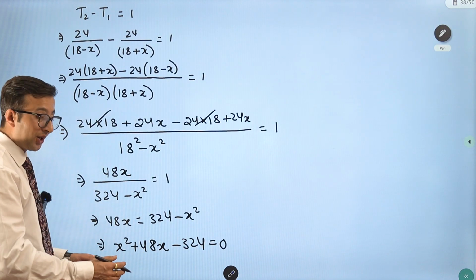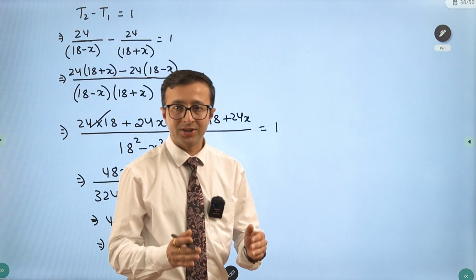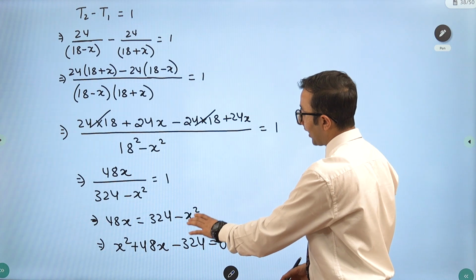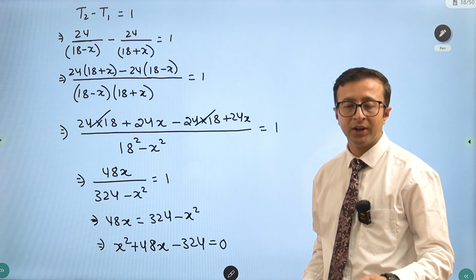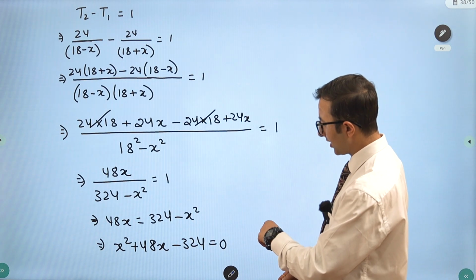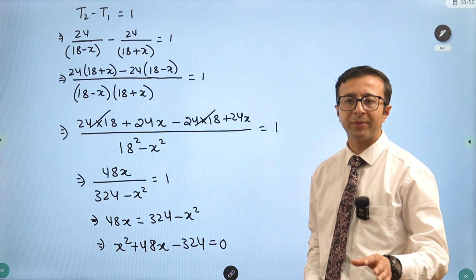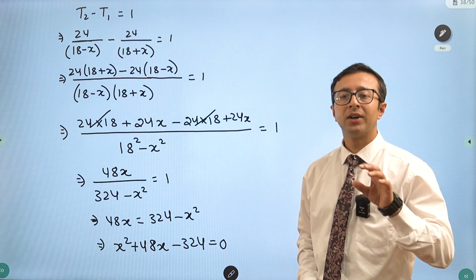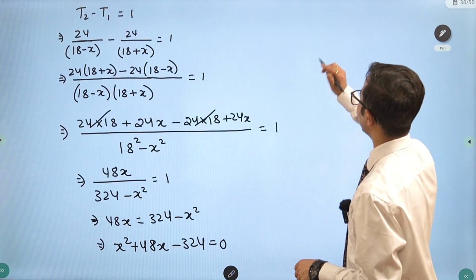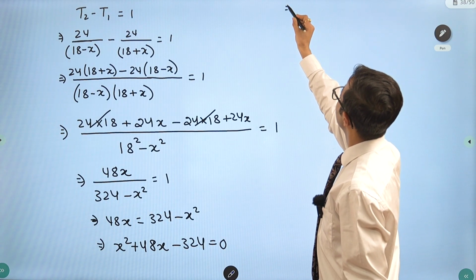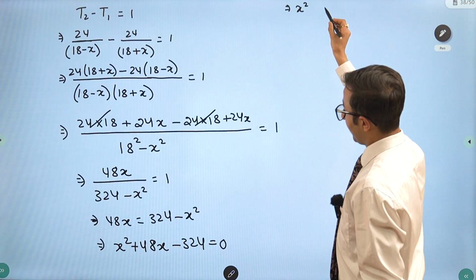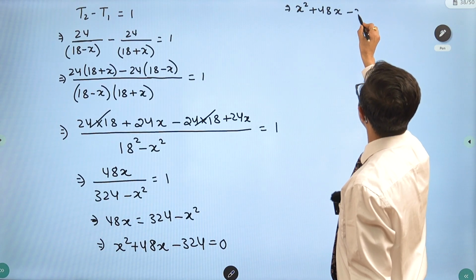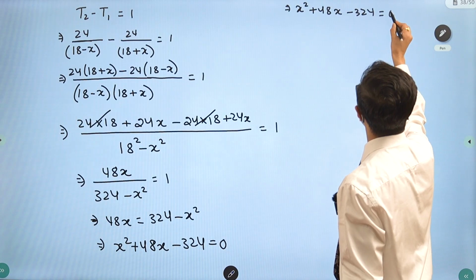So this is the quadratic equation. We will solve it and find the values of x, one of which will be positive and another negative. Here x is actually the speed of the stream that we are finding. So the equation is x square plus 48x minus 324 is equal to 0.